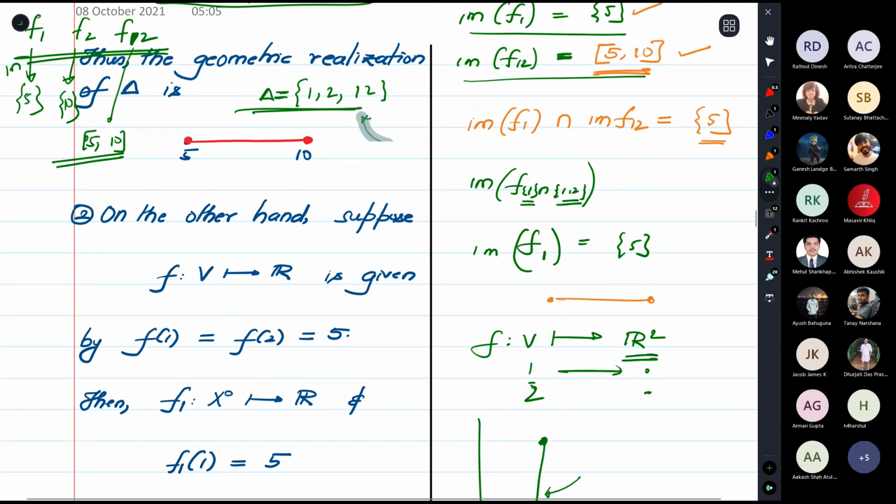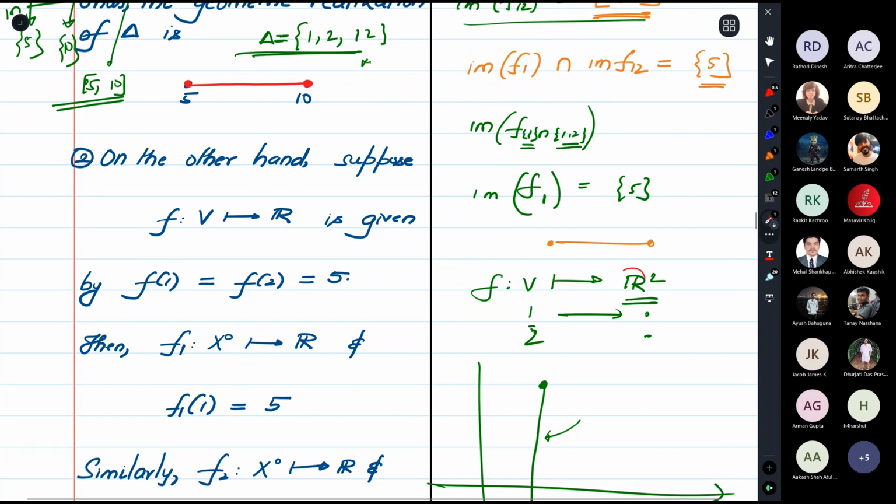So in this way, you can see that this R was just a choice that we made for convenience, but we could have as well chosen R2 over here, R3 over here, any R raised to n that we would have liked. As long as we mapped 1 and 2 to two different elements in this Rn, we would have got a geometric realization that has a similar characteristic, that it looks like two vertices along with a line segment joining these two vertices.